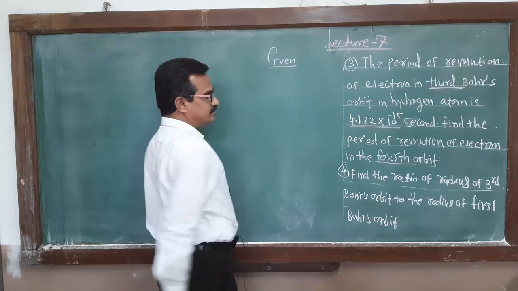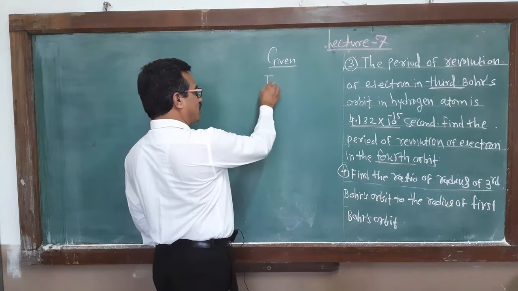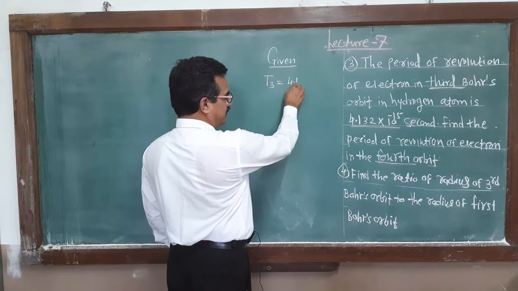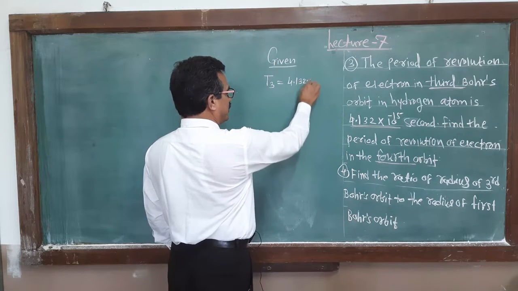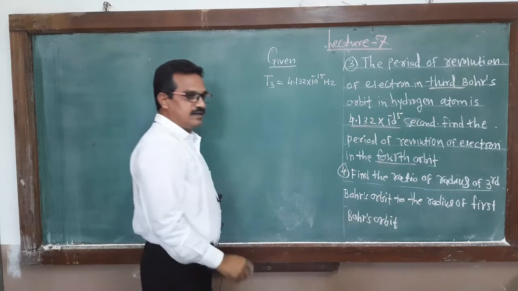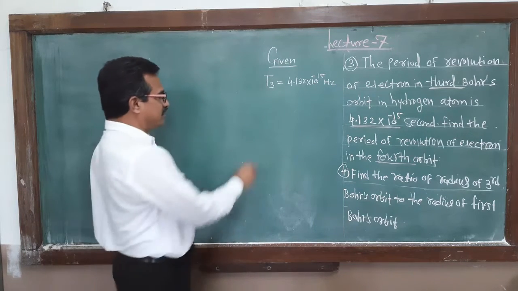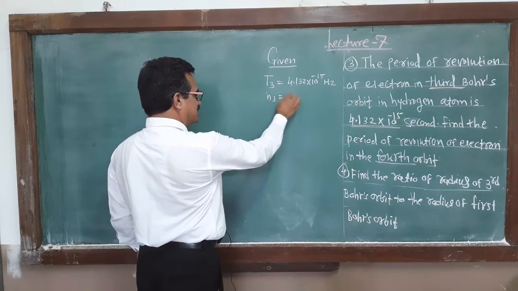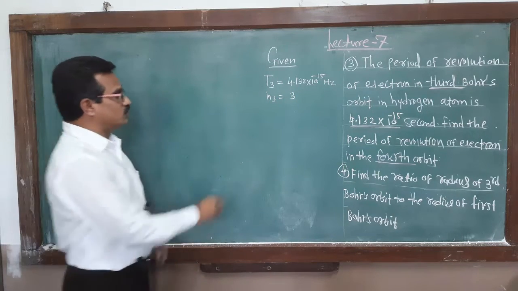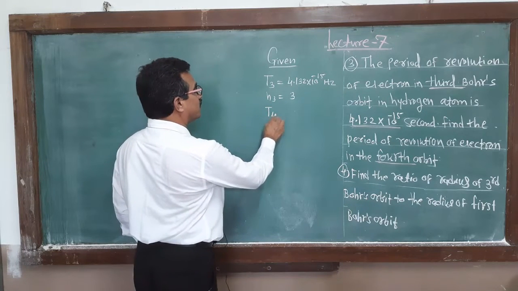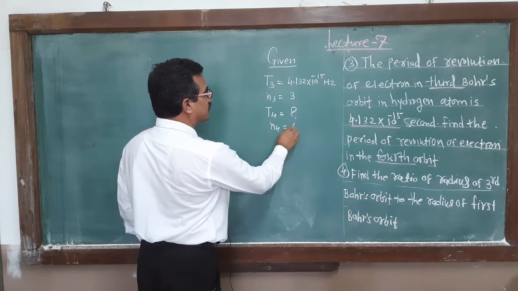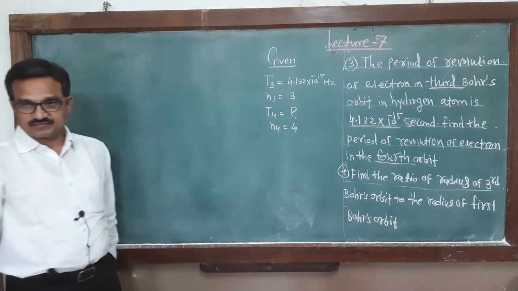The period of revolution in the third orbit is given, that means T3 is given: 4.132 into 10 raised to minus 15. For the third orbit n3 is equal to 3. And we want to find the period of revolution of the electron in the fourth orbit, that means T4. And for T4, n4 is equal to 4. This is what is given.